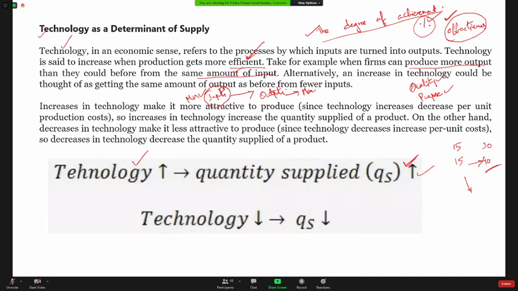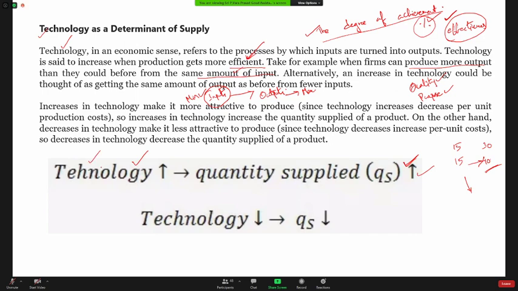Food. Before the green revolution, the quantity of food supplied was very limited. In fact, there were a number of starvations. People used to die out of lack of food. But because of the green revolution, what is the green revolution? It is also a technology.